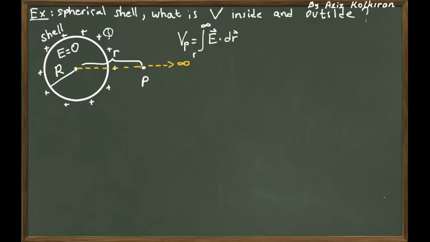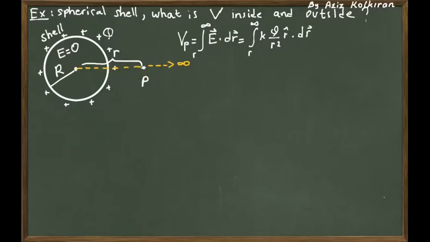We know that the electric field created outside of a shell is just the electric field of a point charge Q, and we put this expression for the electric field dot product with dr. We will take this line integral over this line starting from point P on a straight line going to infinity, on this line that crosses the center of the sphere.